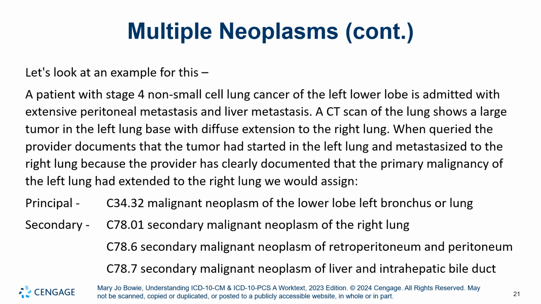Secondary malignant neoplasm of the right lung, C78.01, and then you also need your metastasis to your peritoneal and your liver. So that would be C78.6 and C78.7.